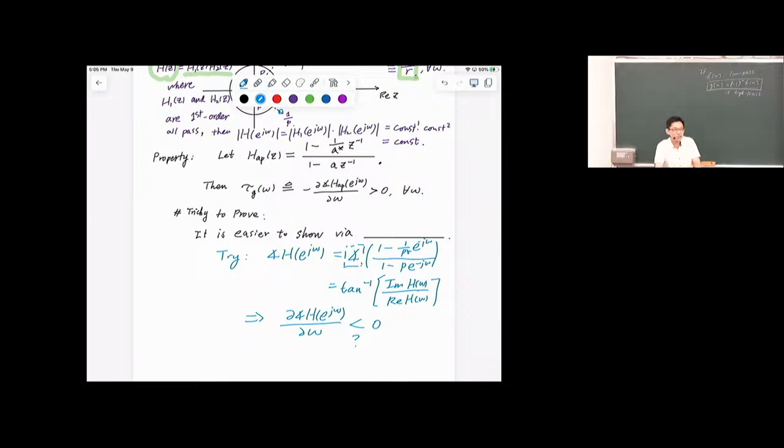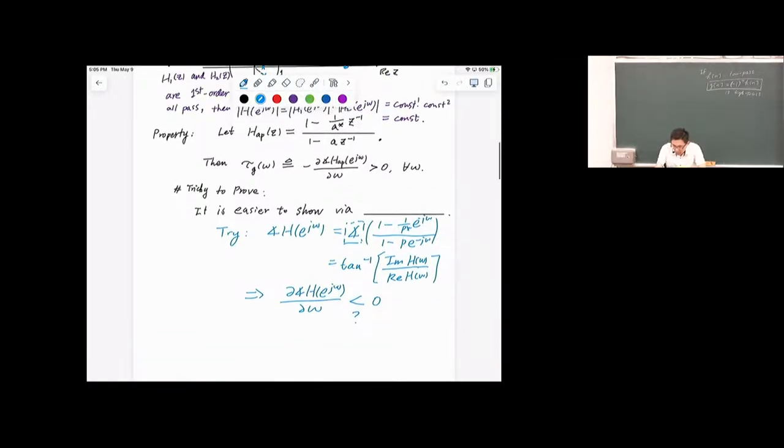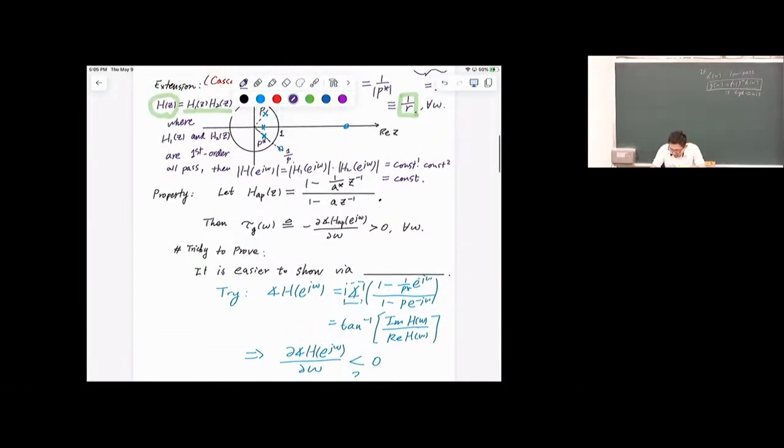I have my own derivation. I'm giving you a hint: it's easier to show via inverse bilinear transformation. And I promise you, this will be in your homework number 5. I'm almost done with my design of the homework.